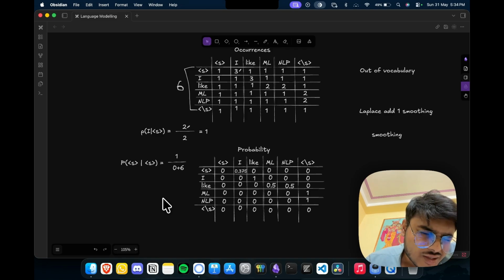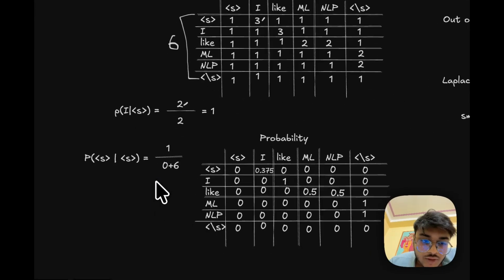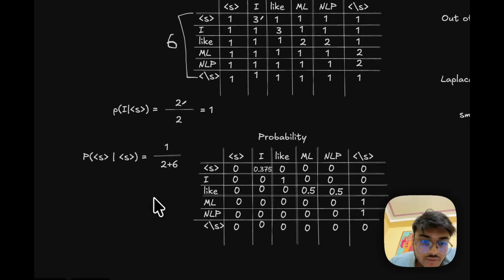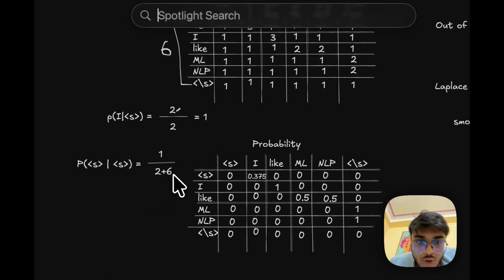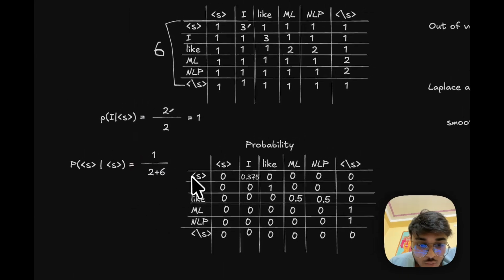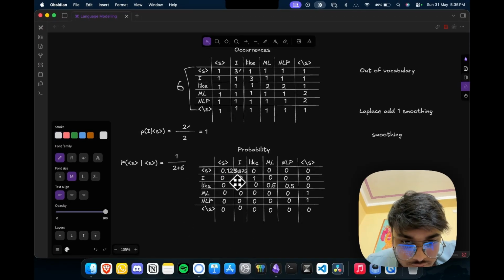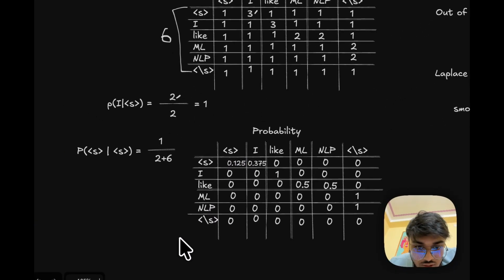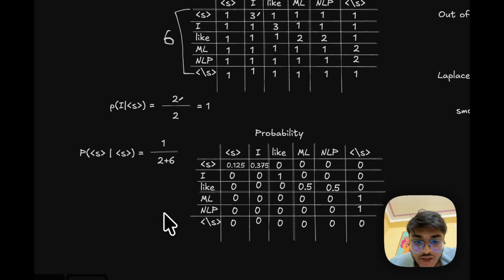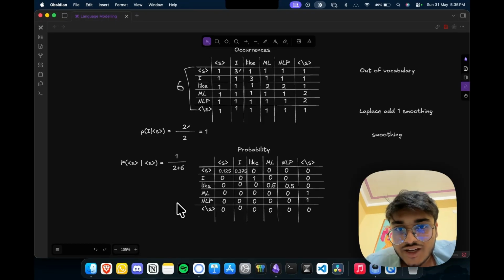Actually, the s exists 2 times, so it will be 1 divided by 8, which is 0.125. The 0 doesn't exist here. Wherever there is 0, it will be converted to 0.125. This is how Laplace add k smoothing controls the probability of 0.